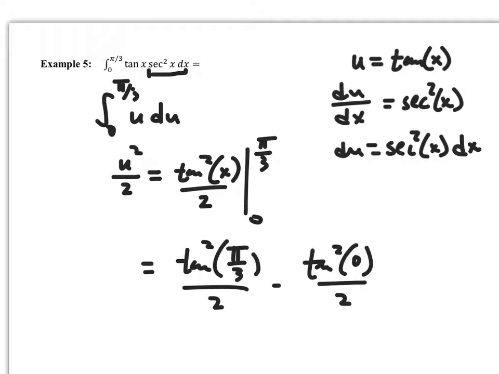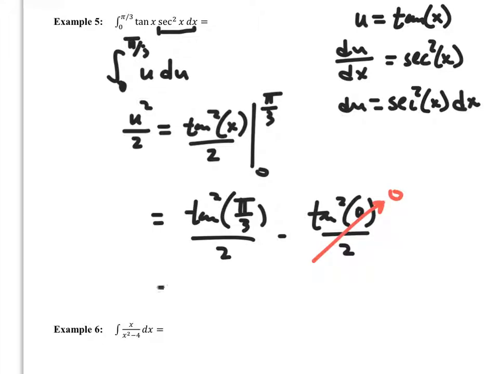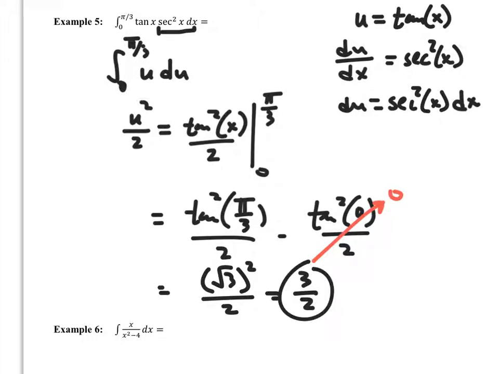Well, this value is just going to go to 0. So we're really just evaluating this. Well, the tangent of pi over 3 is the square root of 3. Okay, so this is really the square root of 3 squared over 2, which would be 3/2.